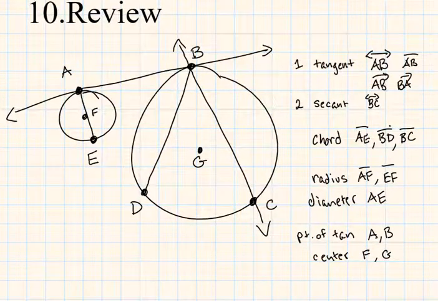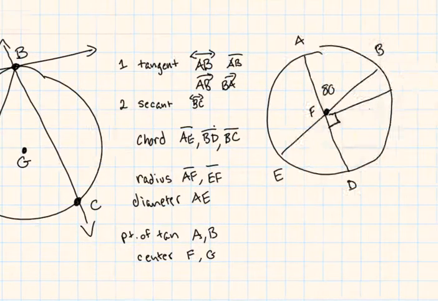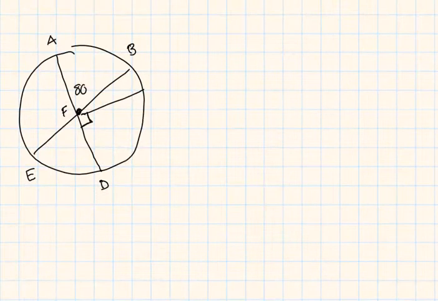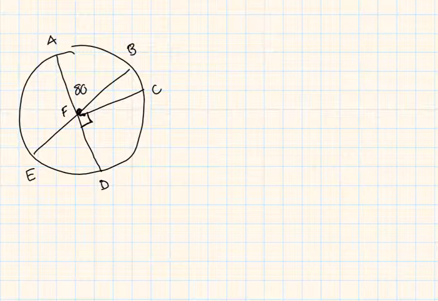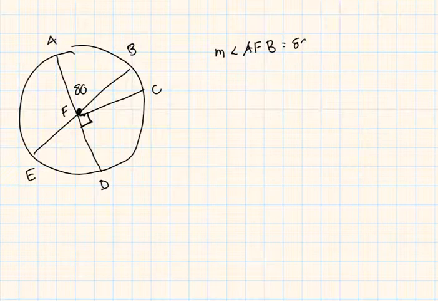In this next example, we're going to be looking at finding measures of angles and arcs given central angles. In this example, I'm only given 2 pieces of information: the measure of angle AFB is equal to 80 degrees, and the measure of angle CFD equals 90 degrees.